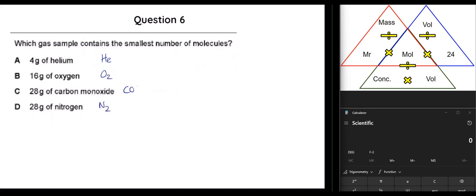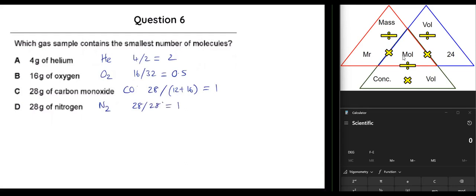In this case, it's given us all in grams, so we're up here in the mass moles MR triangle. 4 divided by 2 gives us 2. 16 divided by 32 gives us 0.5. 28 divided by 12 plus 16, which is in fact 28, so 28 divided by 28 gives us 1. And 28 divided by 14 times 2, which is 28, gives us 1 as well.